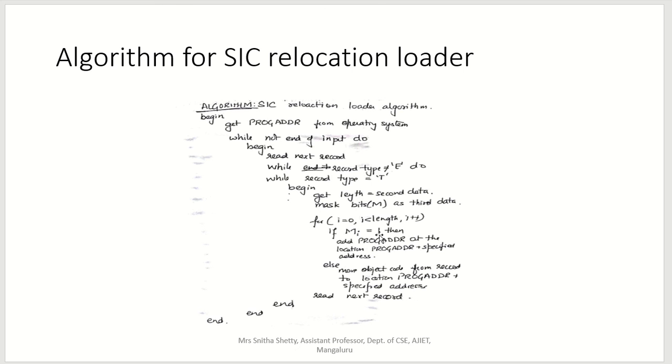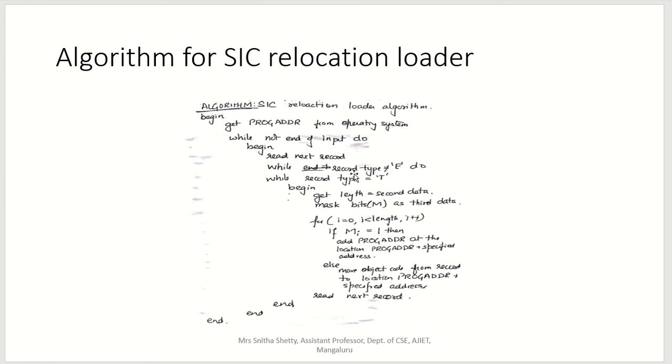Relocation required means, for example, if it is 1033 and the program is loaded into 4000, it becomes 4033. If the program is loaded in 8000, it becomes 8033. If the program is loaded in 6000, it becomes 6033, right? So we are doing here: add the program address plus specified address and move the object code from the record to the location address, and end the record. So this is the end of all the begin. This is how we do it in the SIC program.